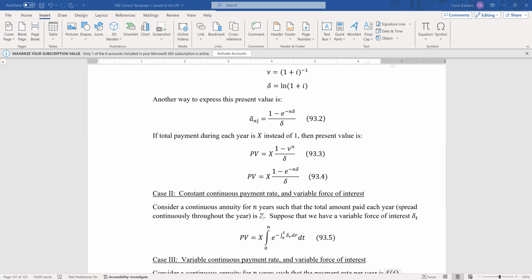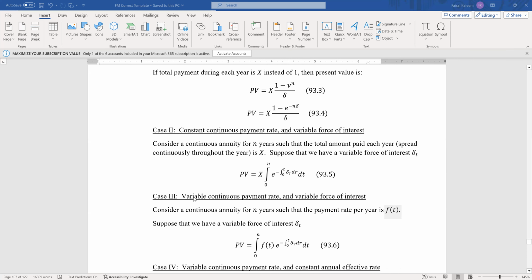If the force of interest is variable, say delta t, then the present value is x times the integral from 0 to n, where n is the total number of years, of e to the power negative integral from 0 to t of delta r dr, dt.